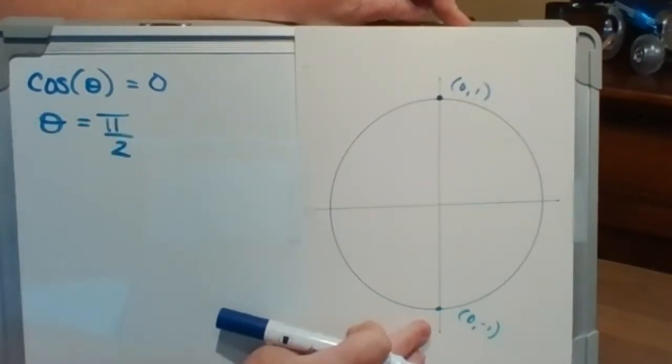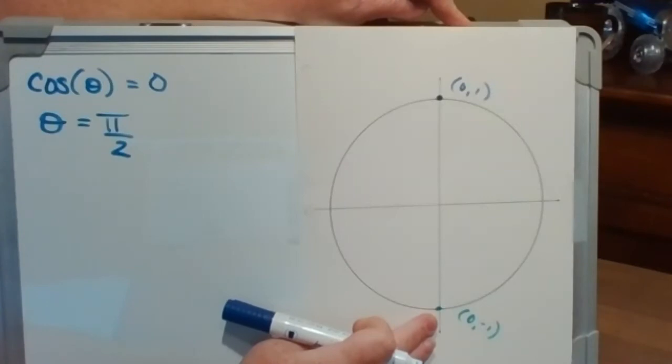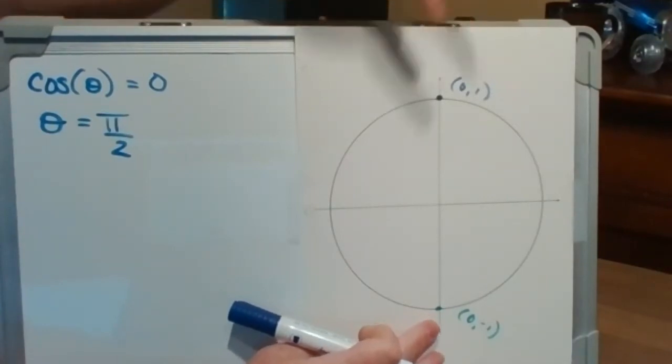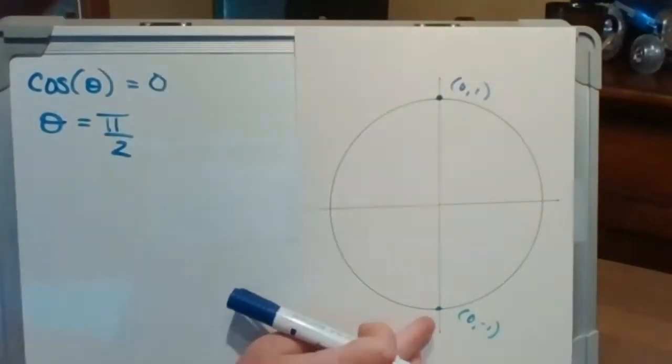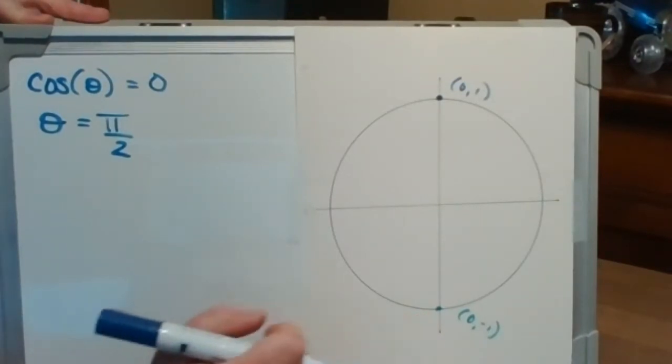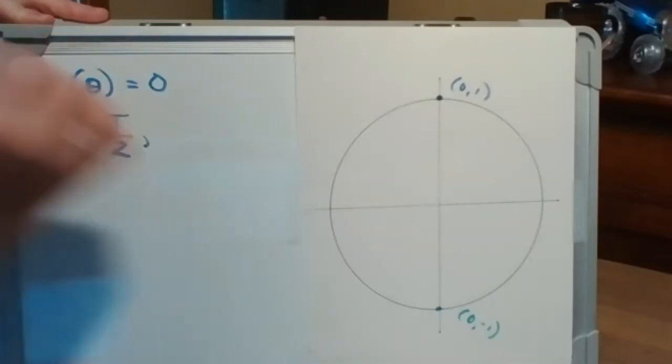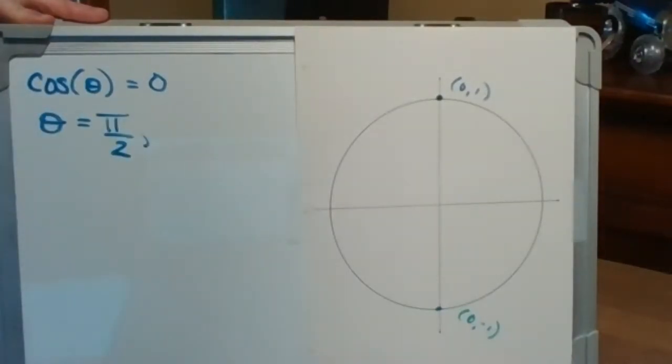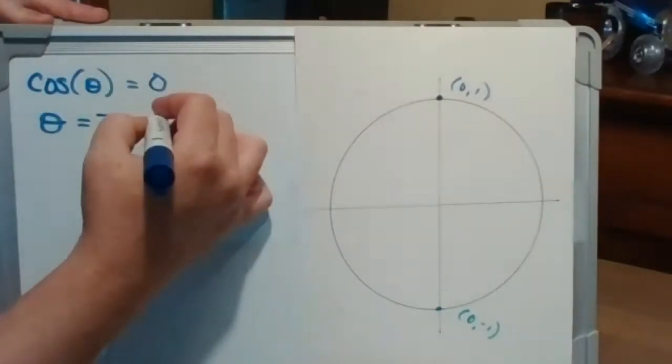And then down here as well, this is our second option. So 90, 180, 270, what's that in radians going to be? Three pi over 2.